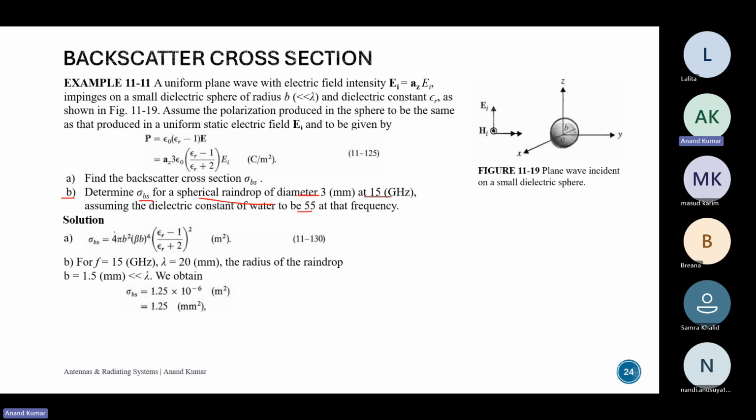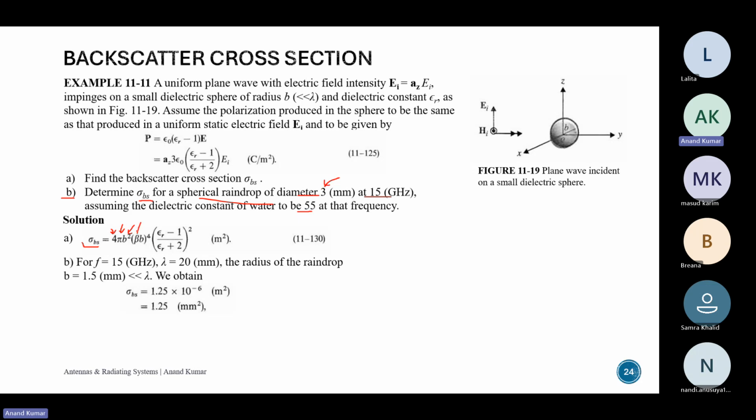That's all we need to know. So from A we have the expression for the backscatter cross section for a dielectric sphere. So 4 is known, it is a number. Pi is known, it is again a number. B is the radius. So we have the diameter.